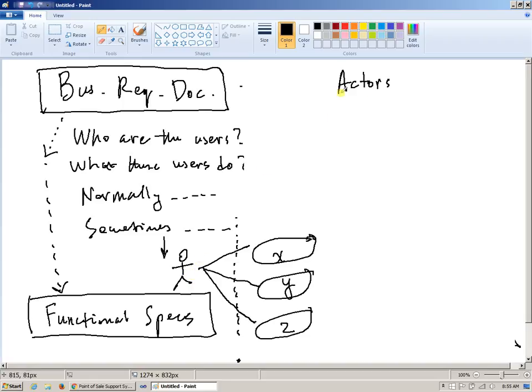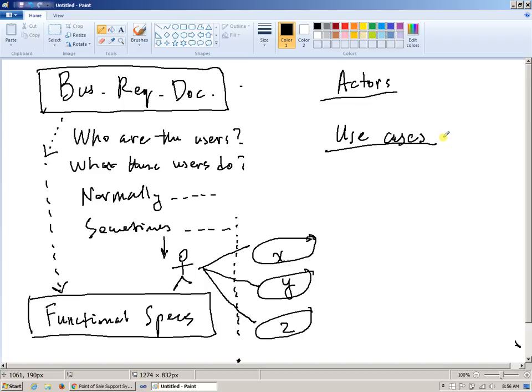Formal design uses the term actors rather than users. Actors are entities, like I said; it can be another computer, it could be a person sitting behind a computer, or some kind of gadget device that is capable of doing things. And we want to be able to recognize the use cases. Use cases are basically instances of using the system.